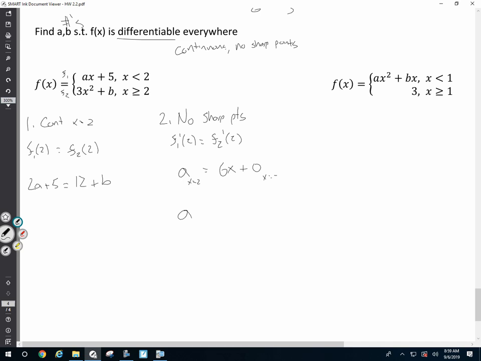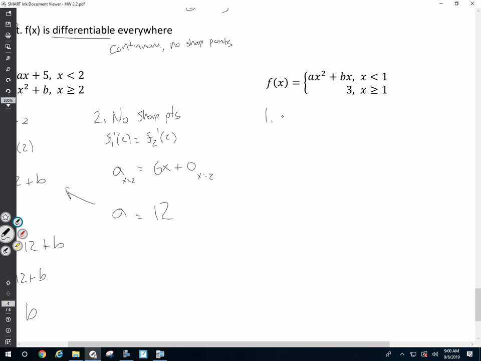But at 2, the tangent slope to the second piece is 12. That gives me what a is. Take that, plug it in. 29 equals 12 plus b. 17 is b. Got it? All right, well, let's see.